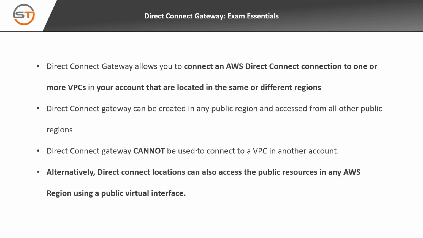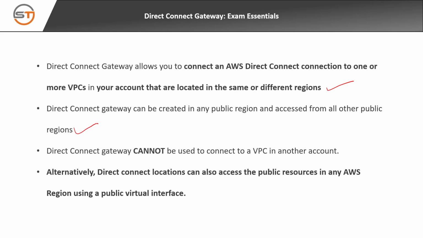So let's discuss a few critical aspects of Direct Connect Gateway. First, Direct Connect Gateway allows you to connect an AWS Direct Connect connection to one or more VPCs in your account that are located in the same or a different region. Direct Connect Gateway can be created in any public region and accessed from all public regions.